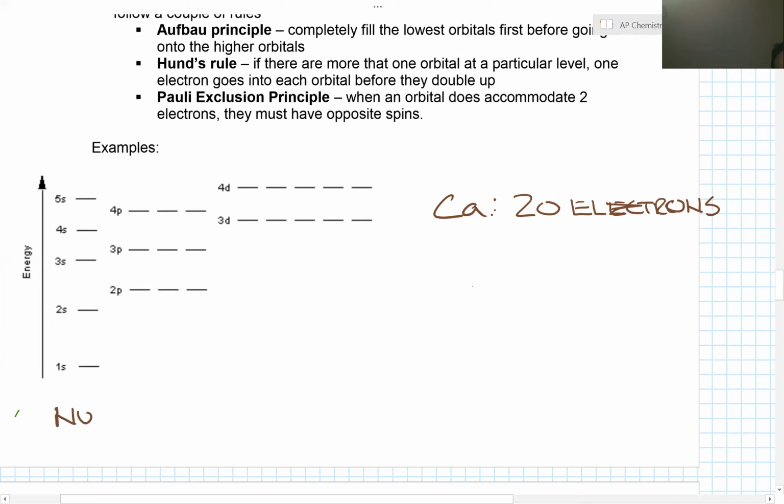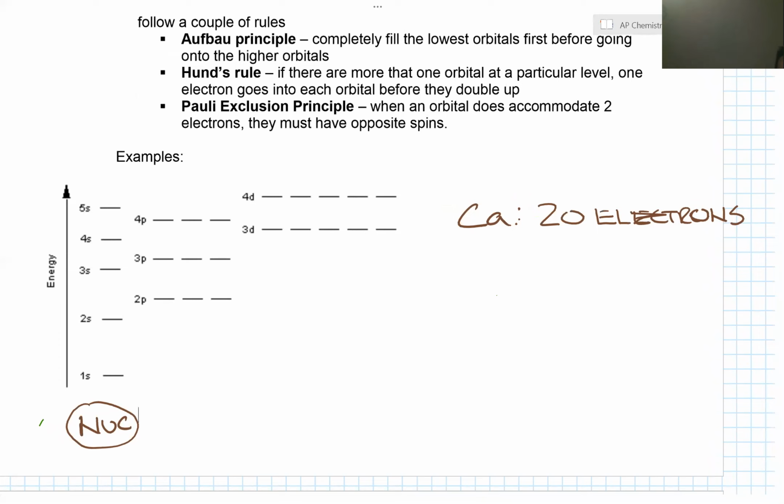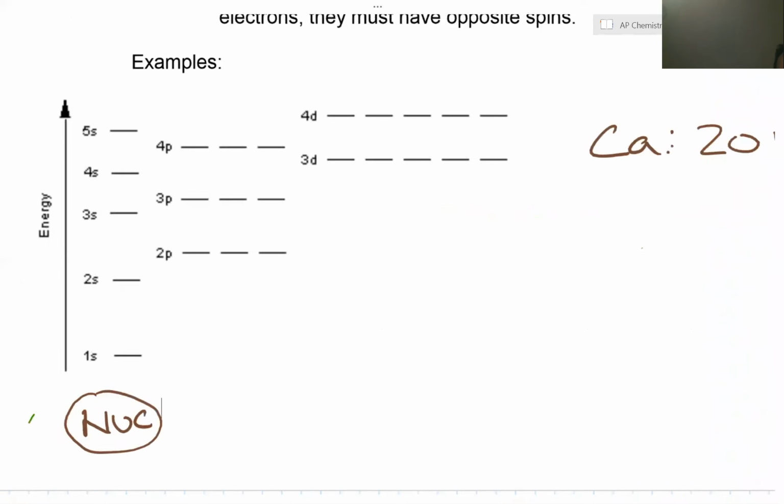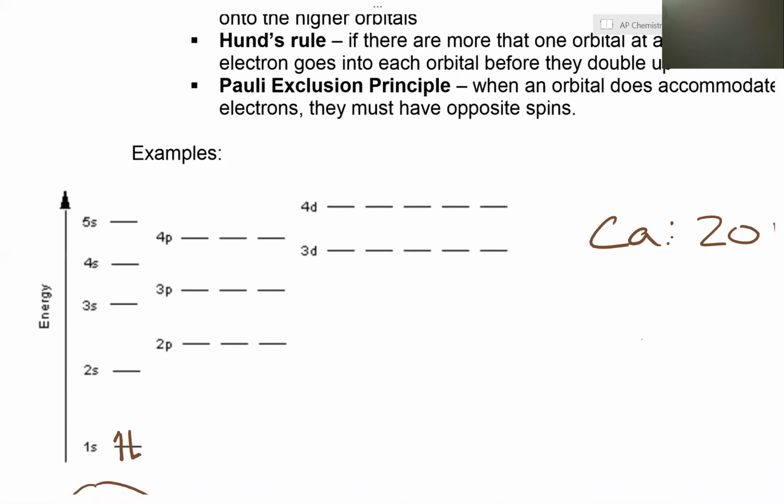Here would be the nucleus. We have to represent the 20 electrons in this particular orbital diagram, so I'm going to represent them by arrows. I'm going to start at the one closest to the nucleus, which is the 1s. So I have 1 and 2. Now, notice the second one I put in the opposite direction. Why? Because they have to have opposite spins.